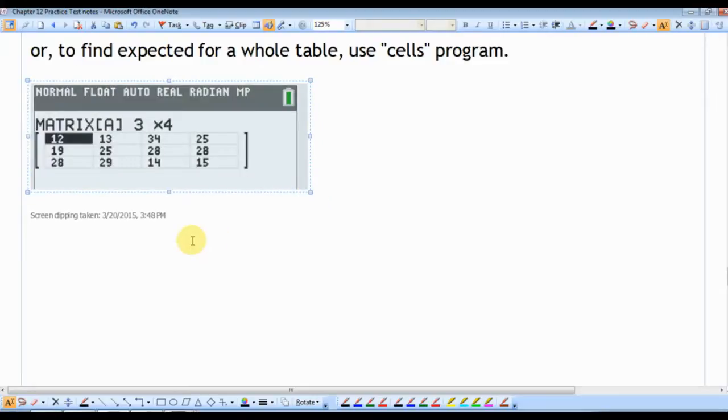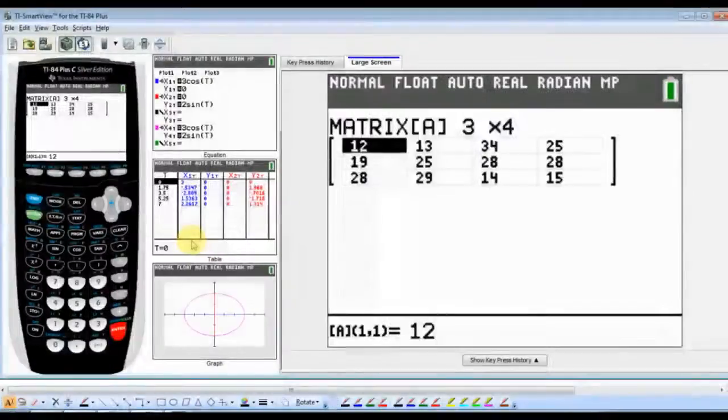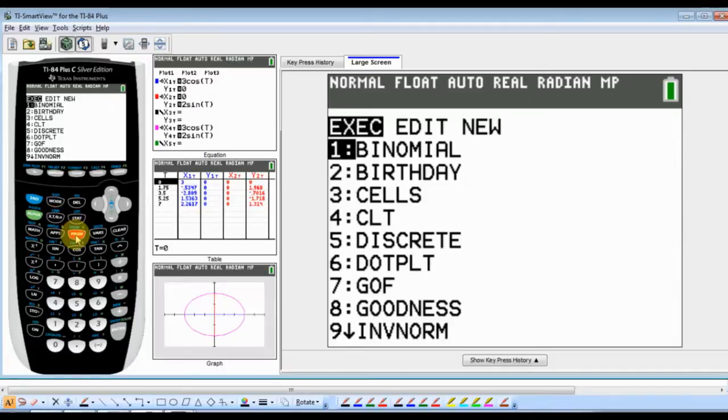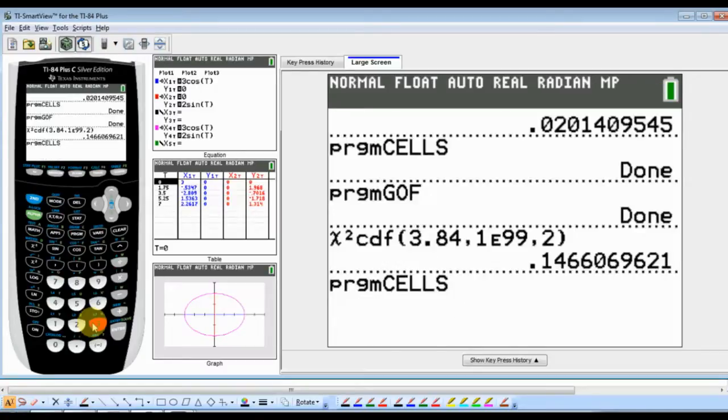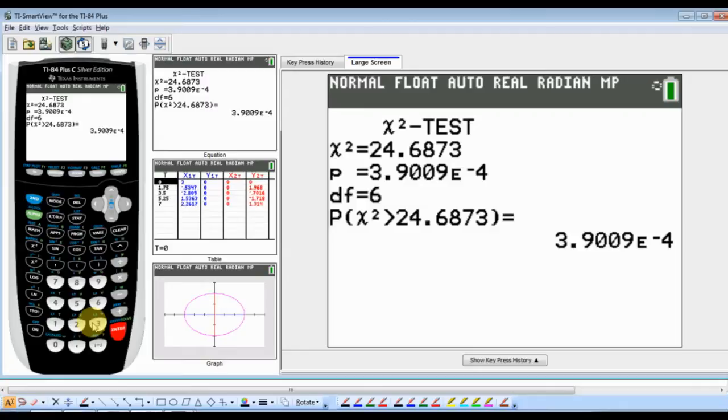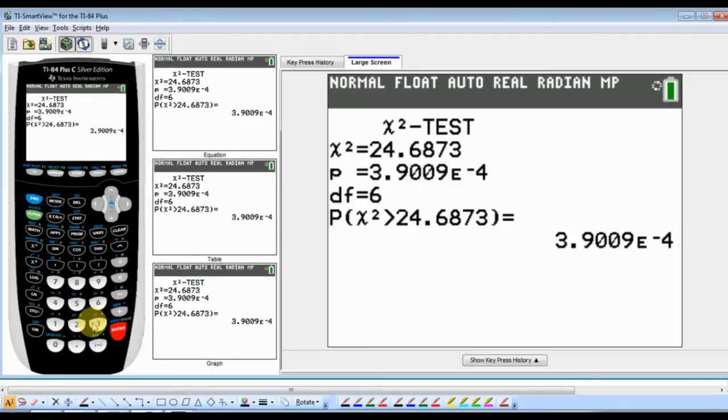And let's use that cells program. Home screen. Program. Cells is program 3. Push enter. It tells you all the information. We're probably going to need that for questions 3 and 4, but we'll just put that aside for now.